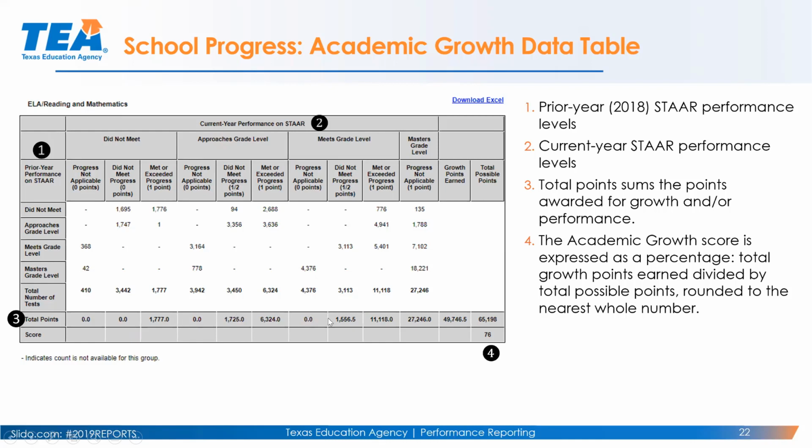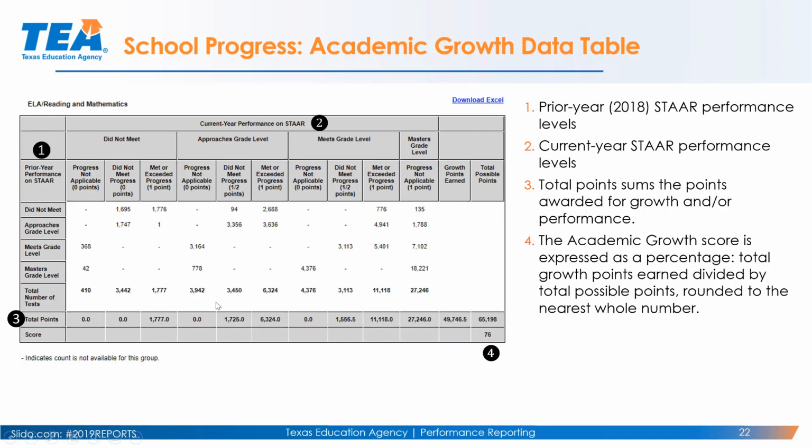All that is summed together for my total points earned, which is 49,746.5. That's my numerator. My denominator would be all those STAR tests that were eligible for a STAR progress measure. I had 65,198. That's my denominator. Numerator over denominator gets me my percent, or my score, for this particular indicator.